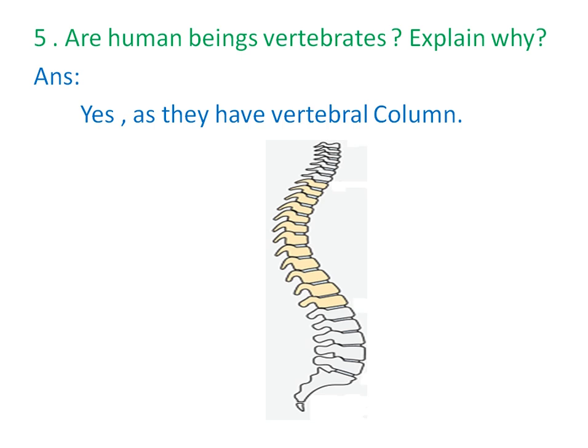The backbone is made up of 33 bones called vertebrae. They form a column called the vertebral column, which protects the spinal cord. This is the backbone, made up of 33 bones.